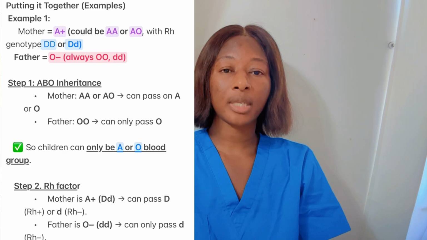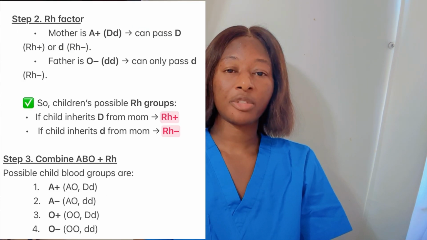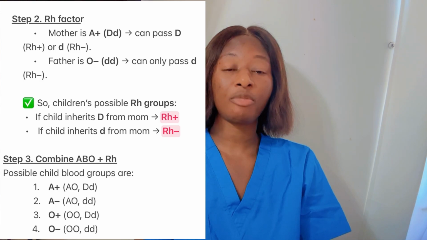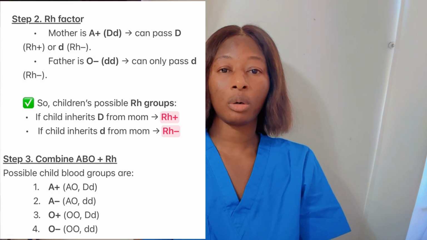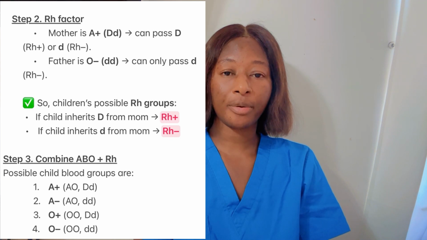And we are trying to determine the Rh factor because the father is O negative and the mother is A positive. Children from this family can have both positive blood and negative blood depending on which one they inherit from their parents.